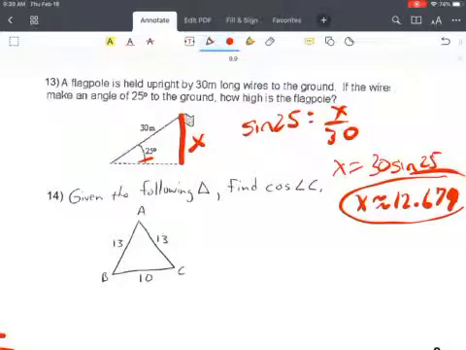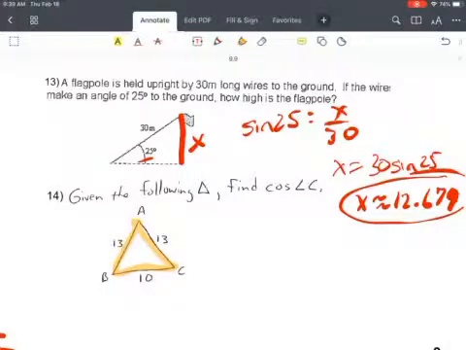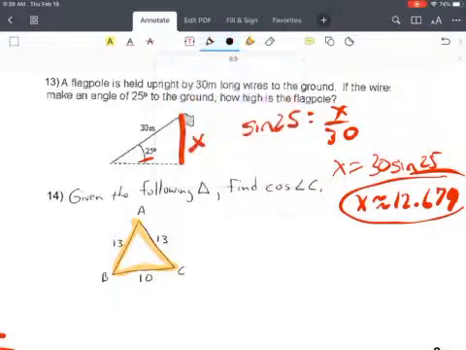And then for the last problem, find the cosine of angle C. What I need to recognize first here is that I have an isosceles triangle. When I draw in the altitude of an isosceles triangle, it's also the median, so it's 5 and 5. I create a right triangle, 5, 12, 13.